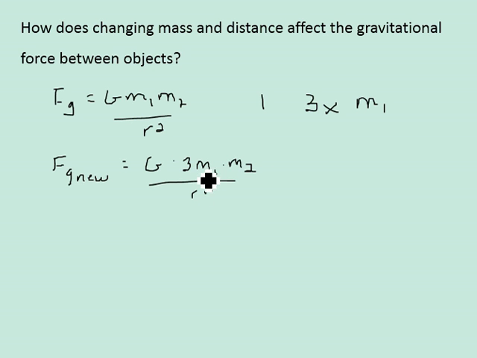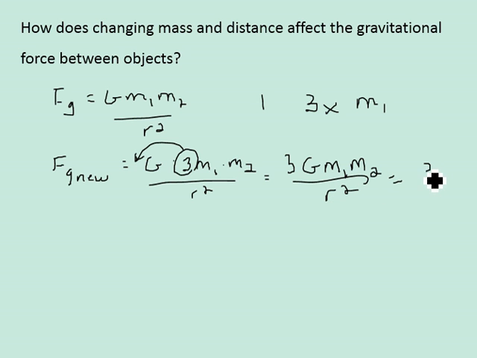And what we do is if we pull that 3 out the front, we actually end up with this saying that it's equal to 3 times G m1 m2 over r squared, which happens to equal 3 times the original force due to gravity that existed between the objects.